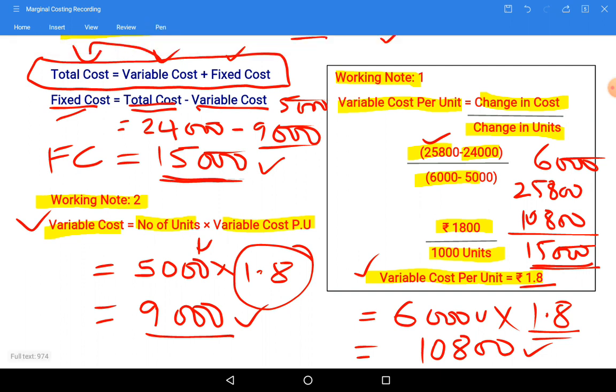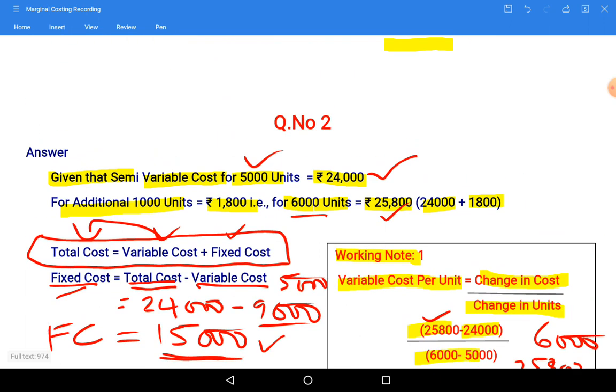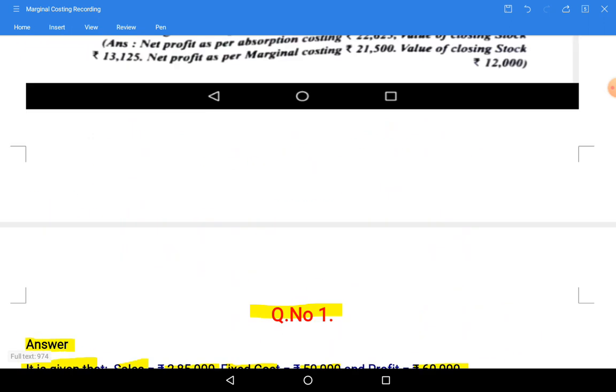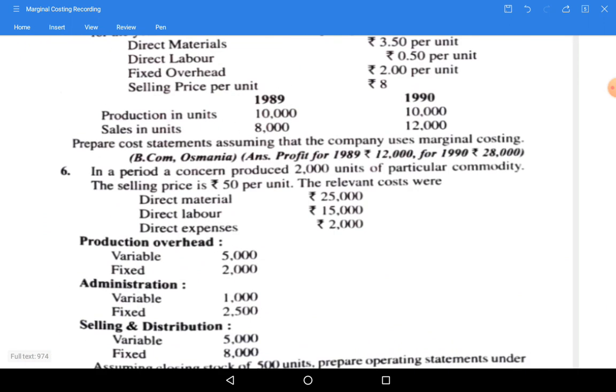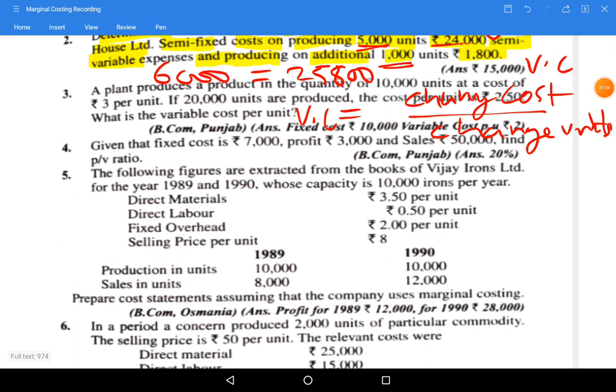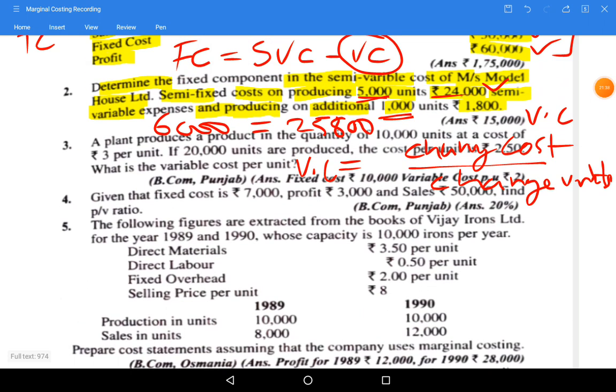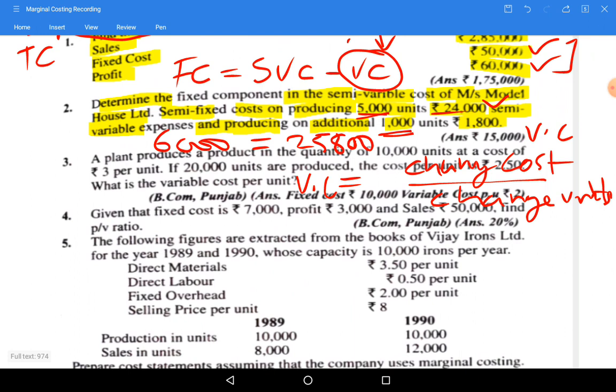So two problems we did. Let us see one more thing. This is similar to the problem which we have just discussed, that is the third one.